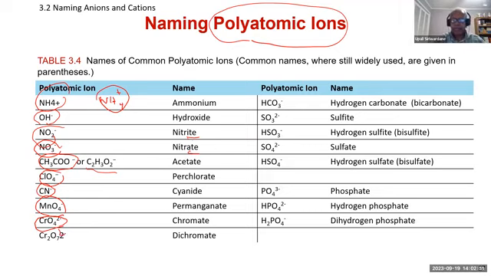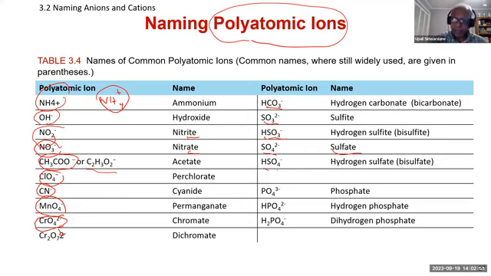Dichromate has a 2 as a superscript. Hydrogen carbonate, or bicarbonate, is a polyatomic anion. Sulfide, hydrogen sulfide. Sulfate ion is SO4 2 negative.